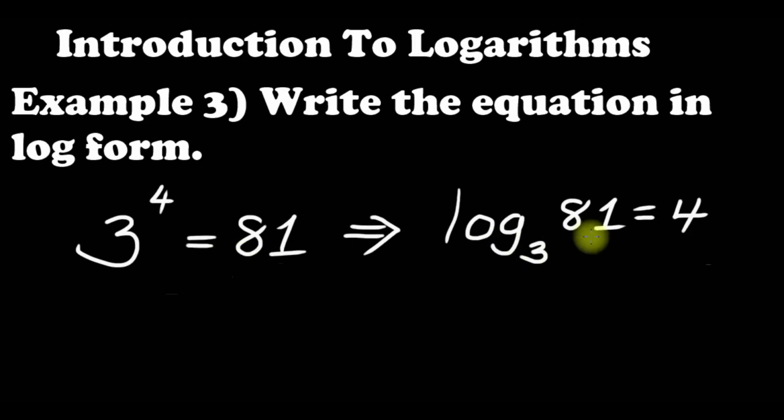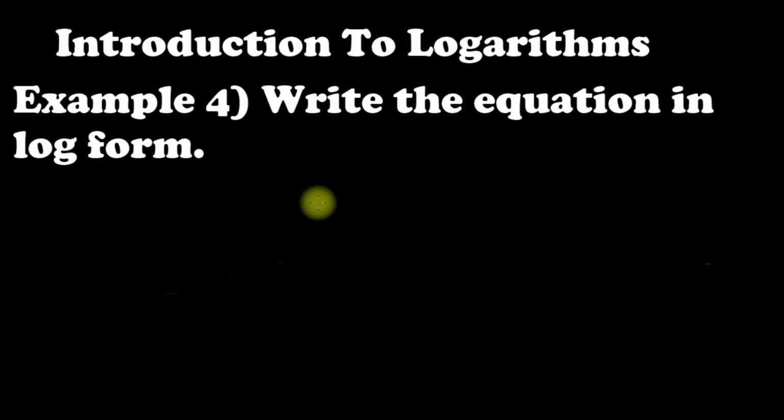So these two are the same thing, but one is in exponential form and the other one is in log form. Let's take a look at another example where we go from exponential form to log form.